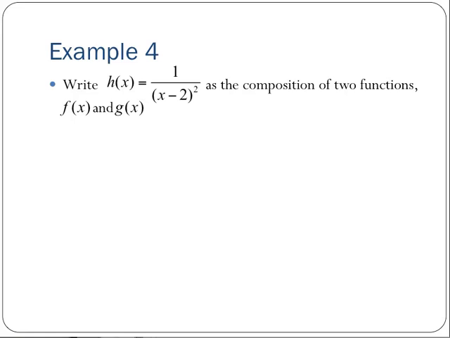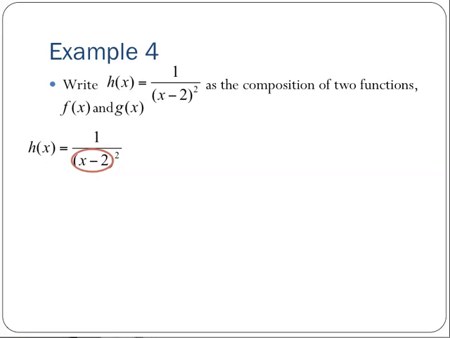So here's what I like to do when I try to come up with the decomposition of a function. So here's h of x, and I'm going to pick what my inner function is going to equal. So let's say I pick the part that's in parentheses, the x minus 2. In that case, that means that the inner function is x minus 2.